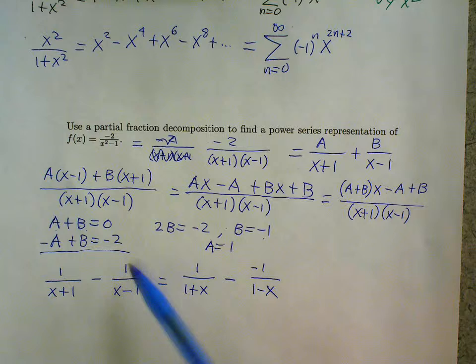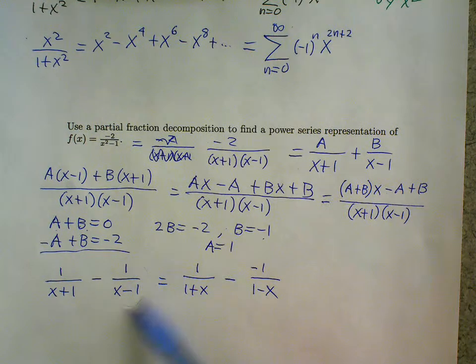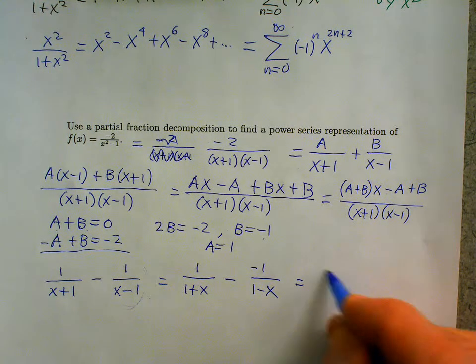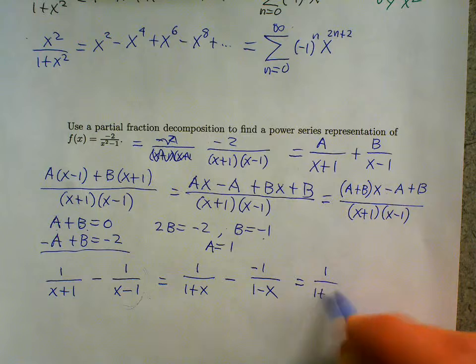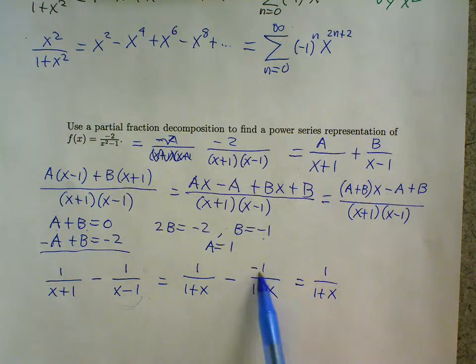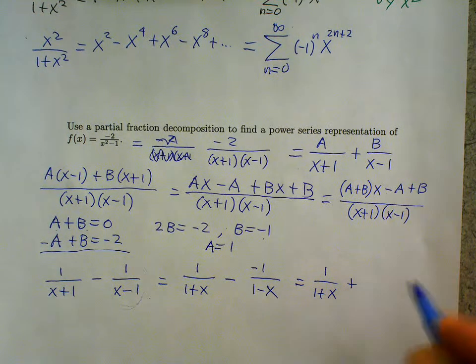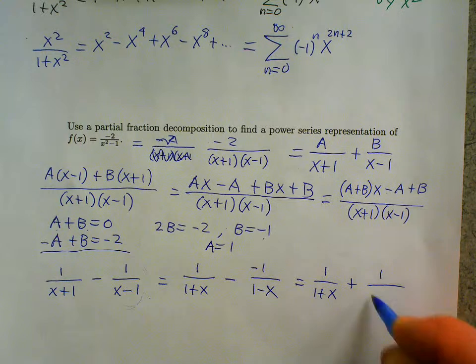So in effect, you can think of that maneuver as multiplying 1 over x minus 1 by 1 in the form -1 over -1. And then a little bit more arithmetic. We have 1 over 1 plus x. Since we're subtracting a negative, we can write that as plus 1 over 1 minus x.